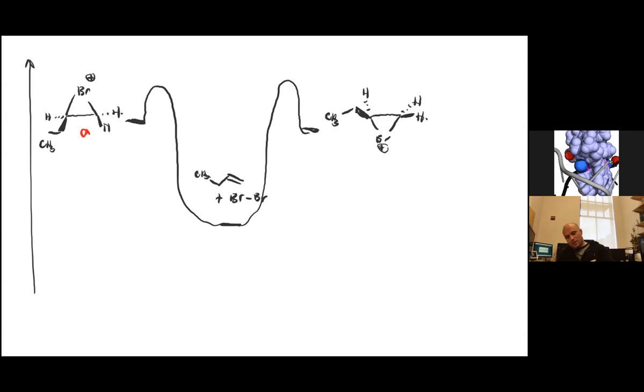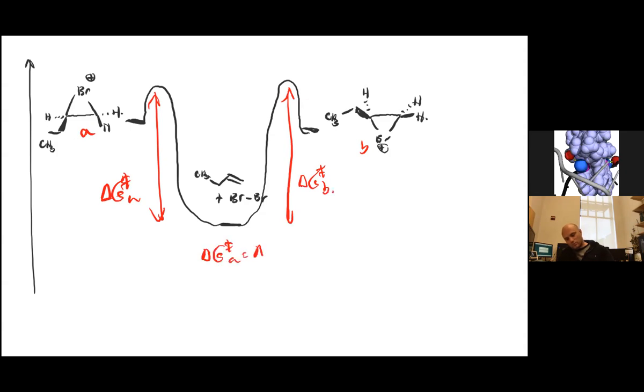So if we call this A and B, this is delta G double dagger A, and this is delta G double dagger B. So the activation energy to get to bromonium ion A is identical to that to get to bromonium ion B. And so what does that mean?